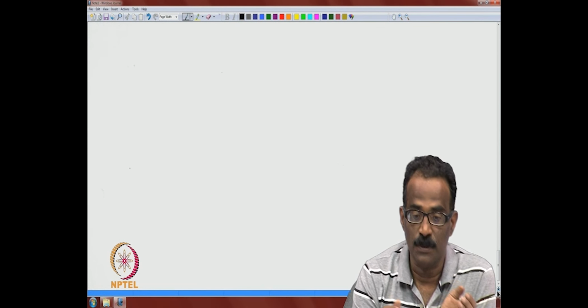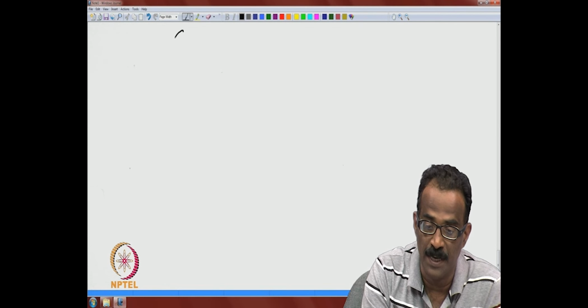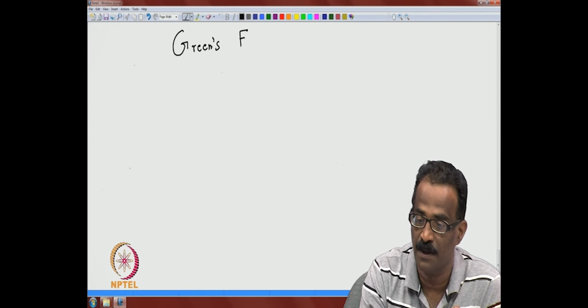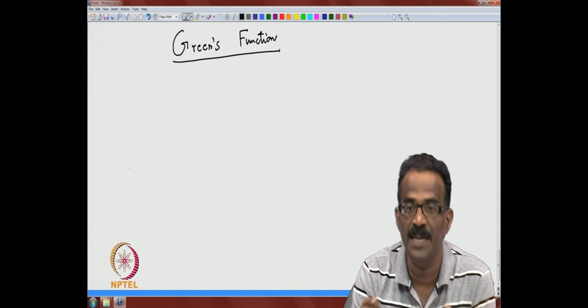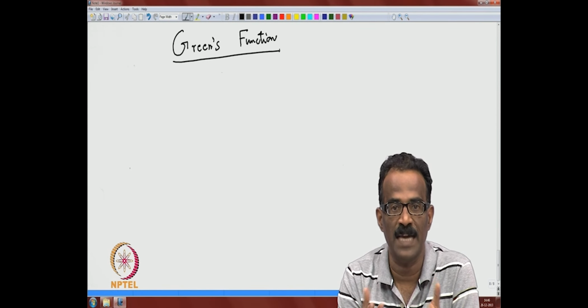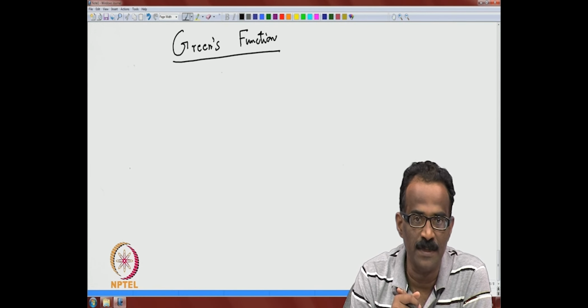This is the concept of Green's function. I am not going to do too much of Green's function here. My idea is just to motivate you why Green's function comes naturally in this setup.